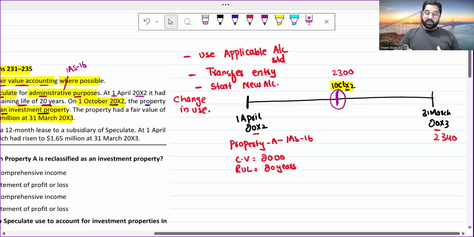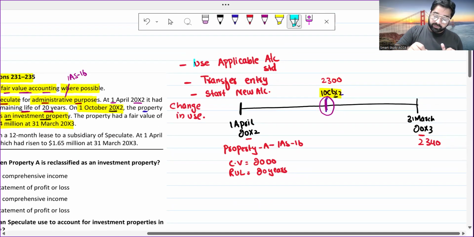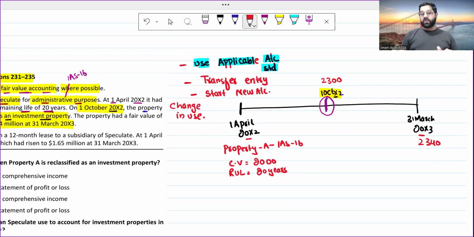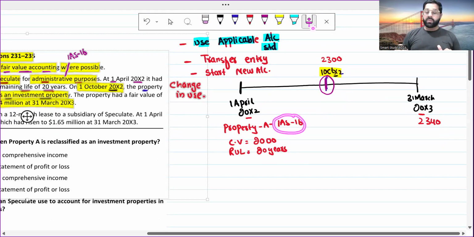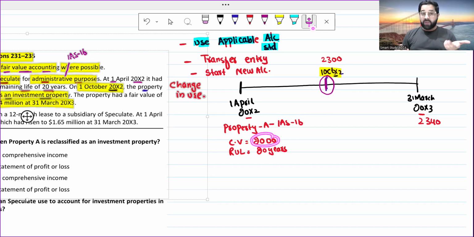Now, according to our steps, first we have to apply the old applicable accounting standard, which was IAS 16 property, plant and equipment. So this property will be depreciated as per the rules of IAS 16, and we charge depreciation only for the 6 months, because after 6 months the property has been transferred to investment property.